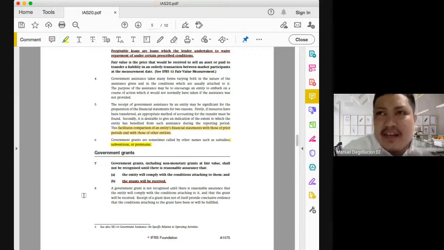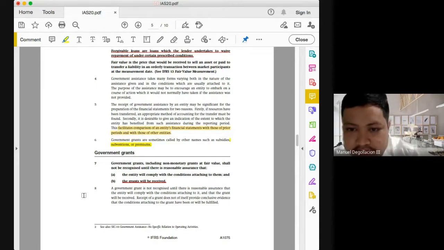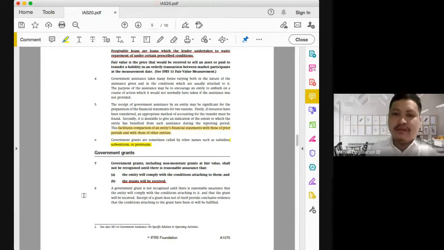Okay. So basically, class, if you're going to oversimplify the requirements, this just tells us that the government grants will be recognized when they are already receivable. Because of course, the grant will only be receivable once there is already an intention on the part of the beneficiary entity to comply with the requirements and the grant can be received.